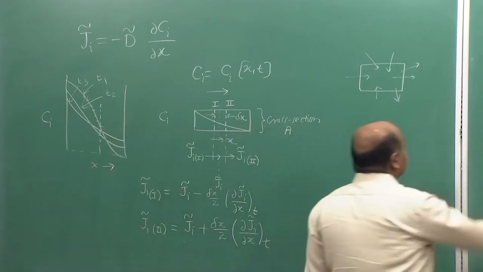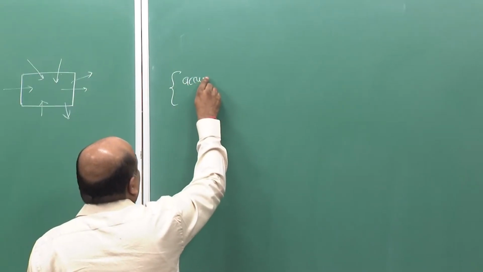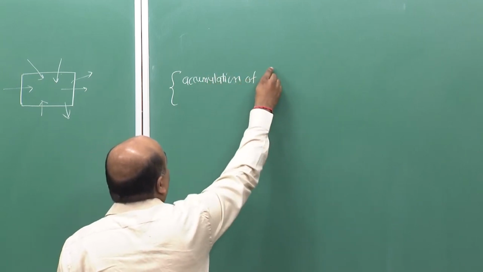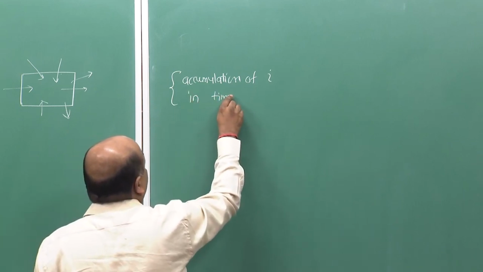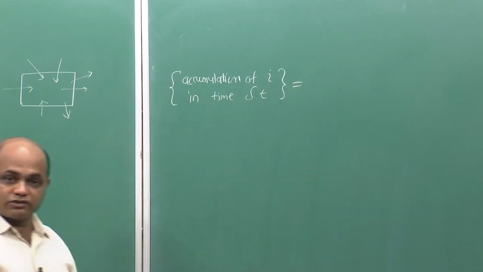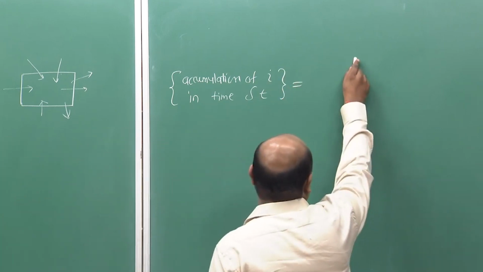So, if I write this equation, accumulation of I in small time interval delta t should be equal to inflow minus outflow, and what will the inflow be?